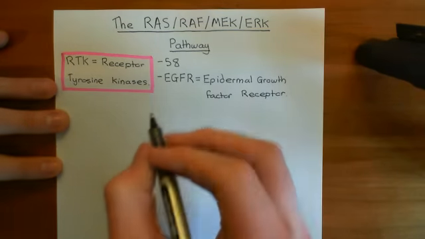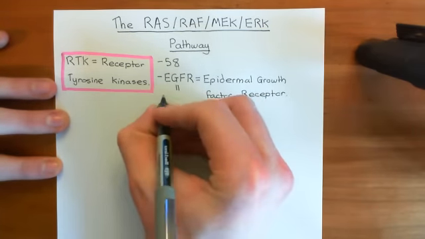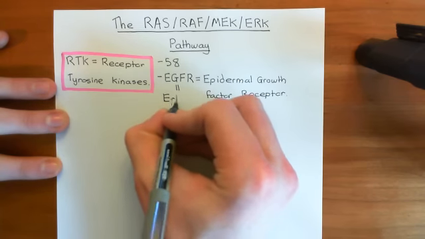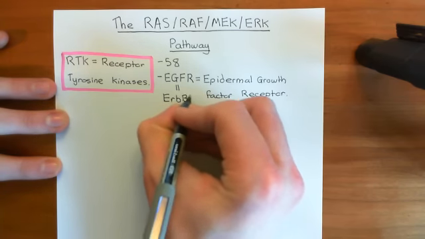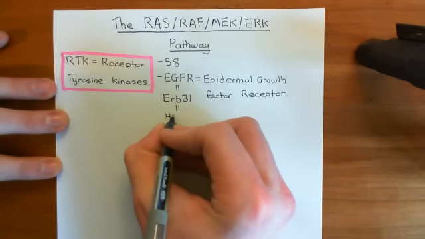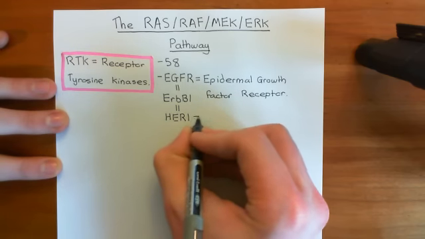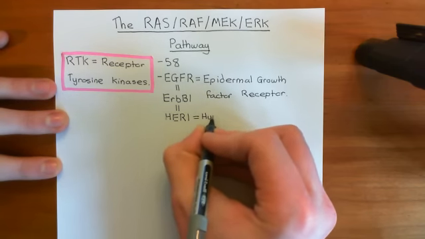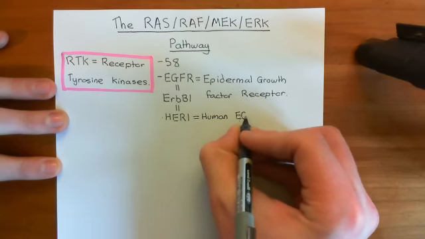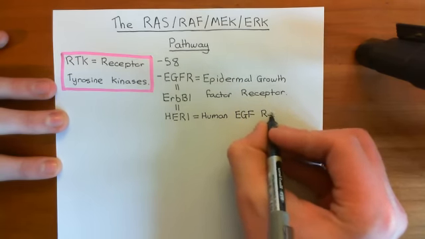It also has a bunch of other names. It's also called ERB1, so you might see it referred to as that, and it's also called human epidermal growth factor receptor 1, or HER1. So HER1 is short for human, that's the H, then the E is for epidermal growth factor, which I'll abbreviate to EGF, and then the R is for receptor.